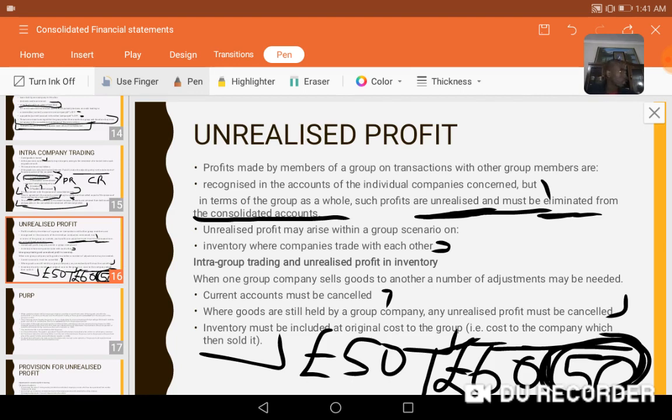Or if they say 1/3 still remain, you say 1/3 times the profit which was added. If they say half remain, it is the profit times 0.5. If they say 2/3 remain, the profit times 2/3, then you remove that. I think I'm being clear here.